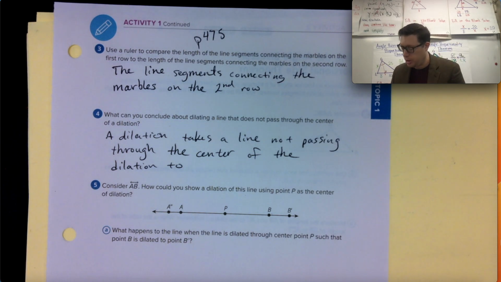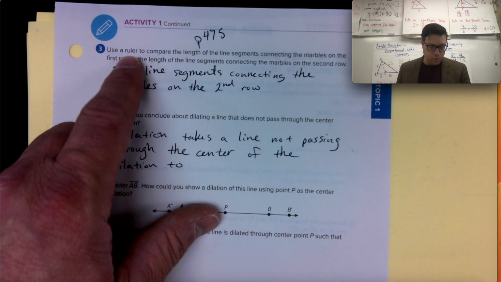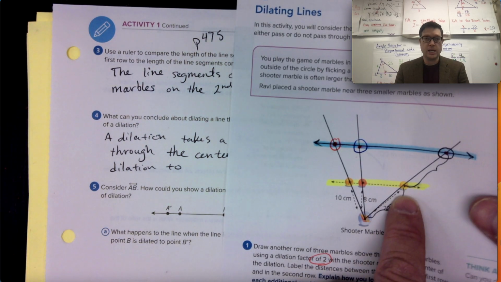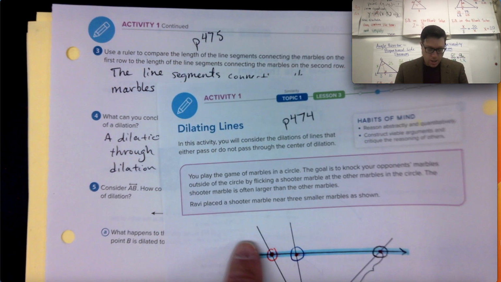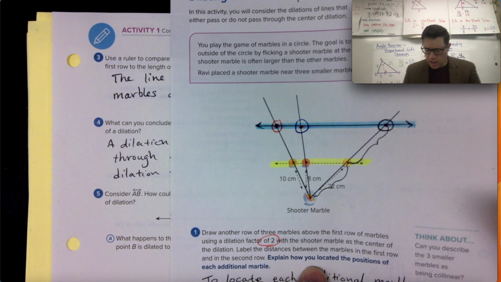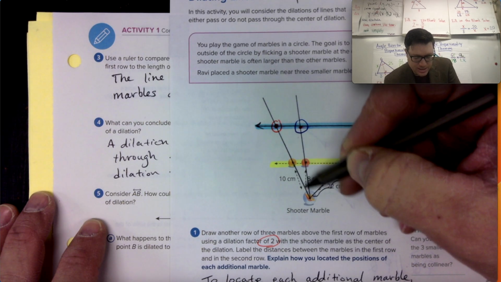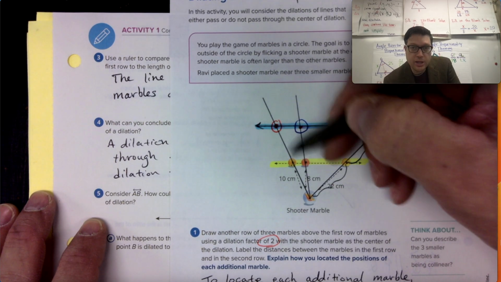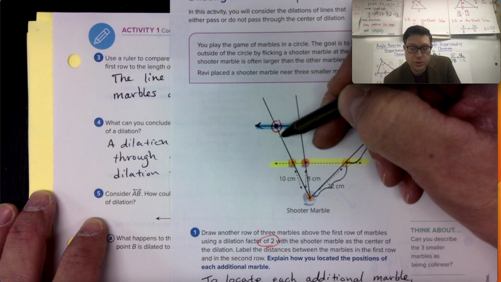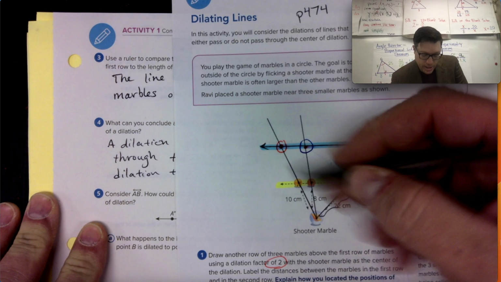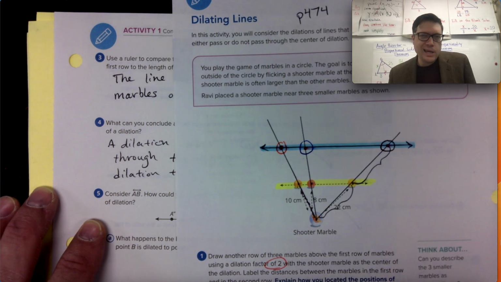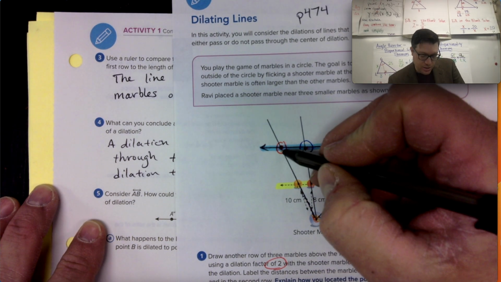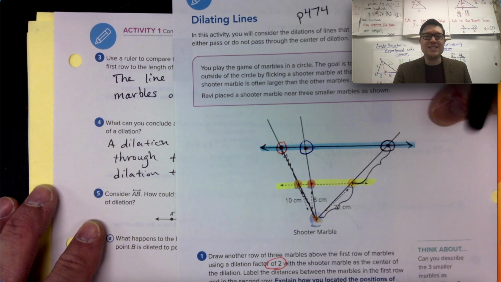Use a ruler to compare the lengths of the line segments connecting the marbles on the first row, highlighted in yellow, to the length of the line segments connecting the marbles on the second row, which I highlighted in blue. If you remember, I measured this distance, and then I measured that one. It turns out that whatever this original pre-image distance was, by dilating it by double, I made the new distance twice the length.